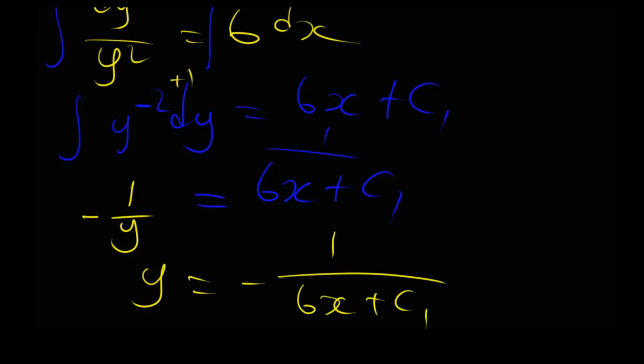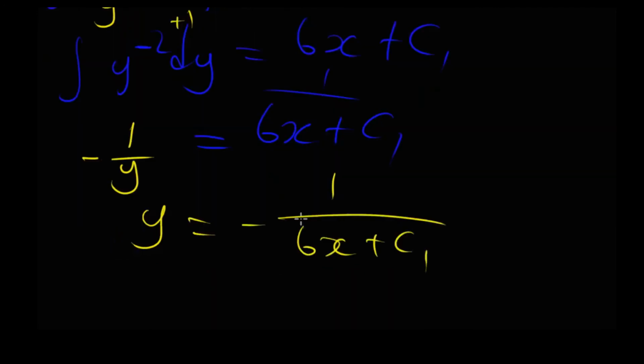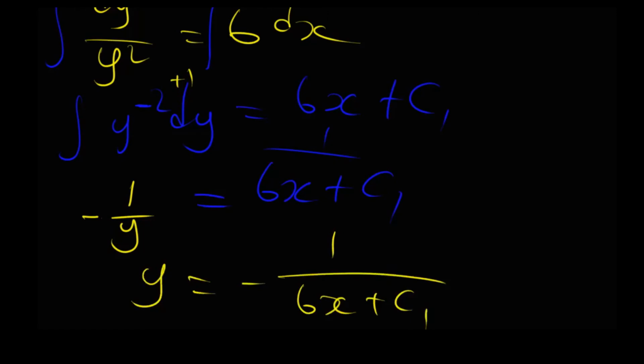So that means we are done with that one. But we forgot that it's an initial condition. You remember? How do you do that? This is the simplest form, the simplest stage to find the constant.